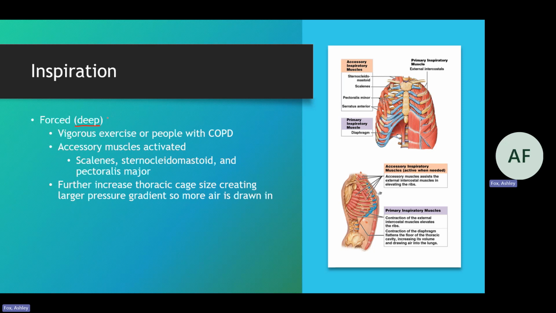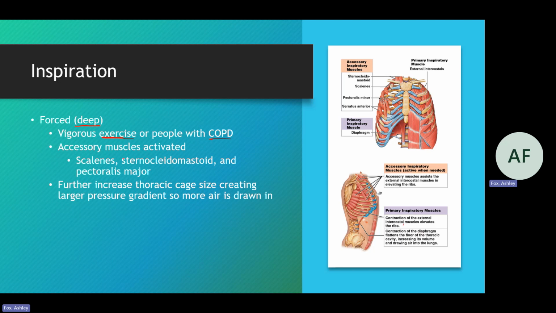But if you want to take a deep breath, if you're exercising a lot, or even people that have obstructive pulmonary disease, then you actually have to use accessory muscles. So this is going to be muscles other than the diaphragm and the external intercostals, because those are considered the primary inspiratory muscles.